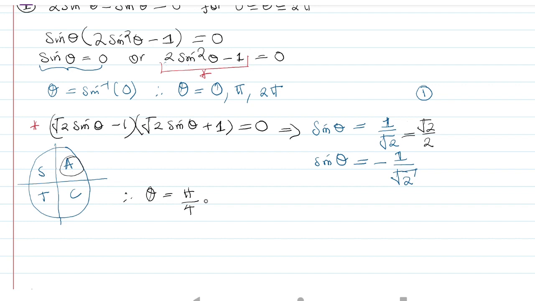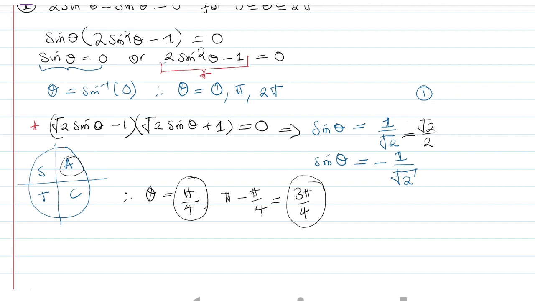So for angles in the second quadrant, we are going to say this is pi minus pi over 4, and this angle is 3 pi over 4. So we have pi over 4 and 3 pi over 4.